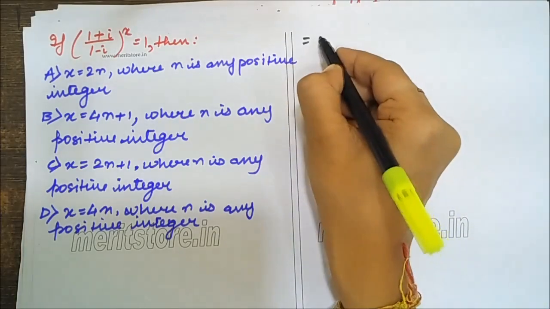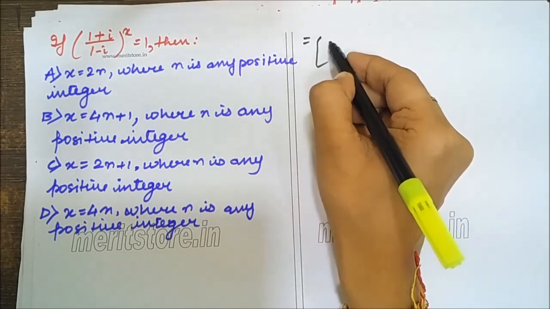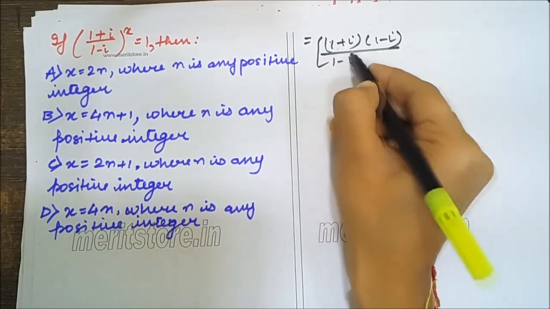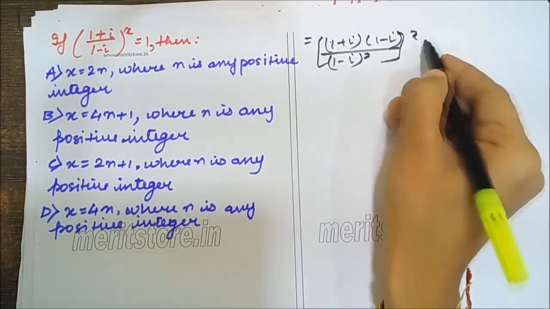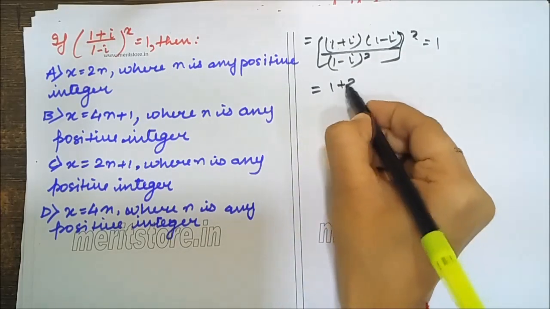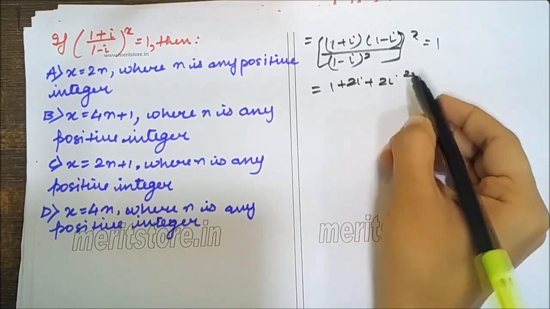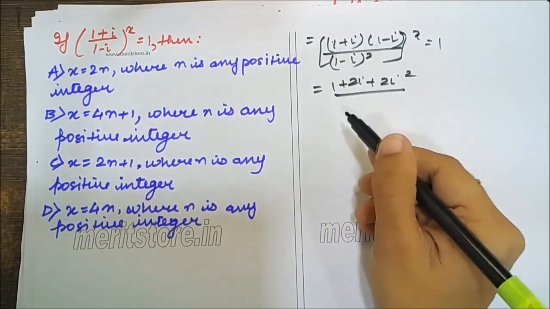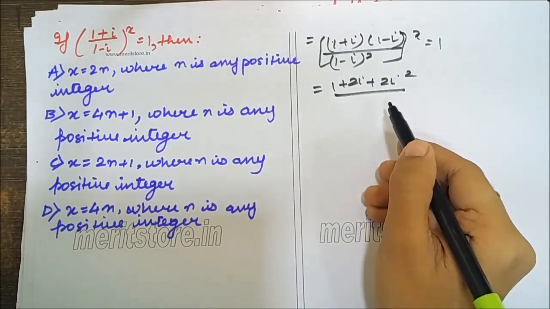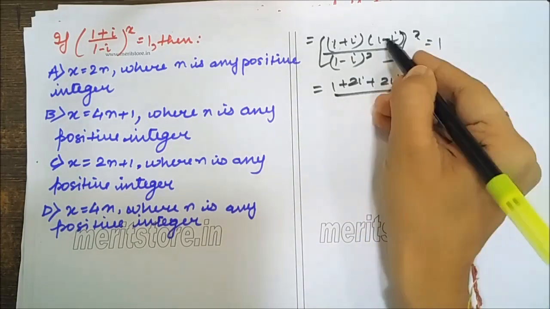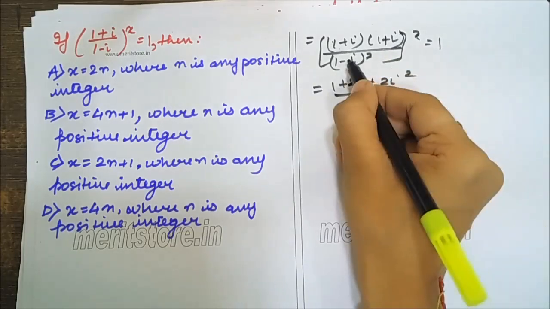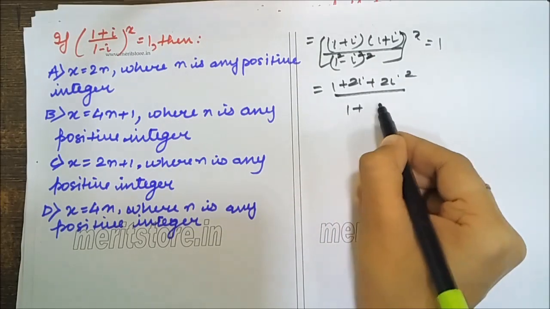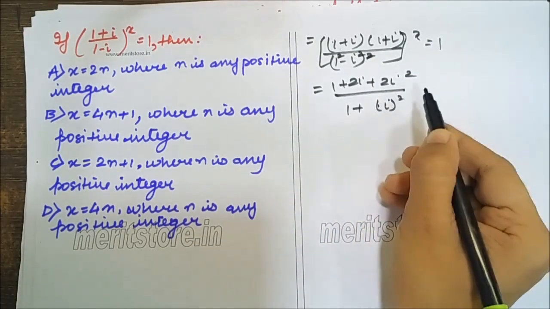So (1 plus i) into (1 plus i) upon (1 minus i)(1 plus i), the whole raised to x is equal to 1. 1 plus 2i plus i square upon 1 plus i square.